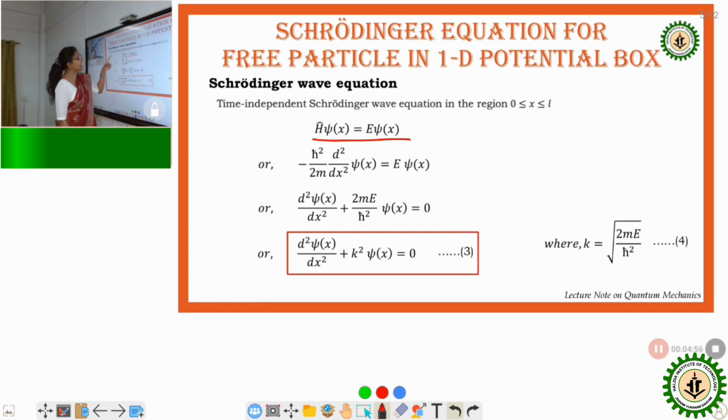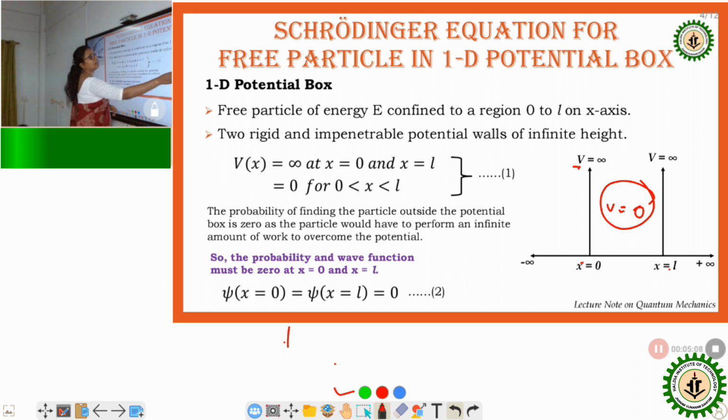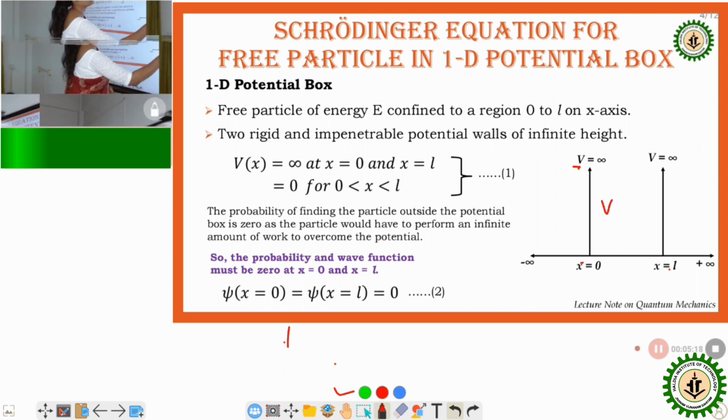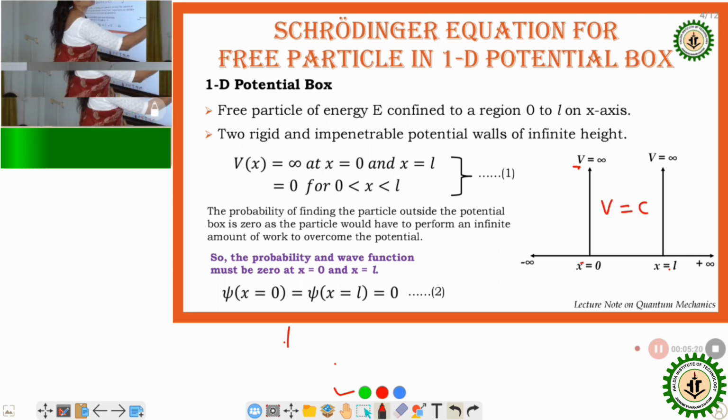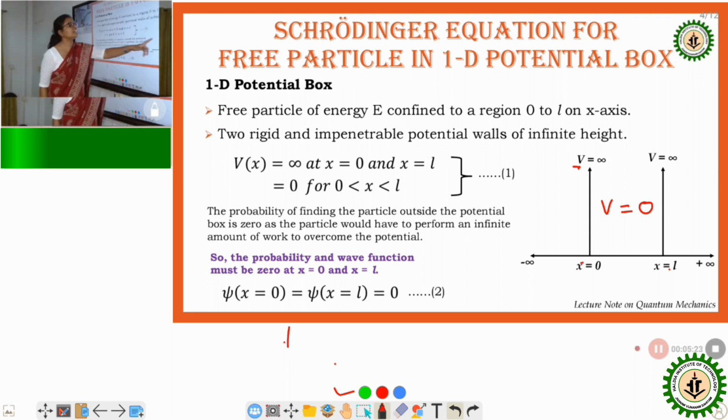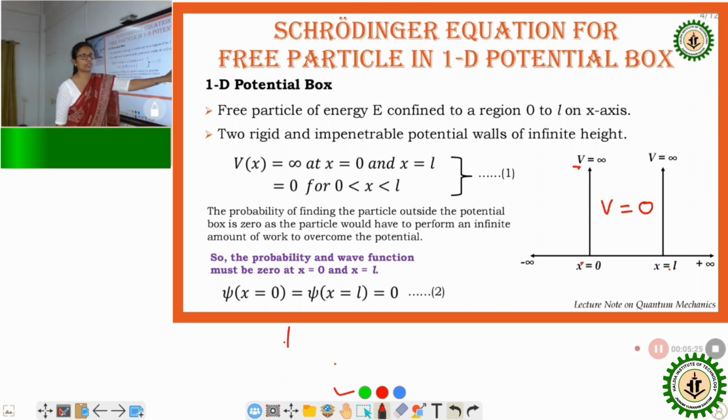Within that Hamiltonian, you must write the kinetic energy, because the potential energy is 0. Just see here, potential is equal to 0 within that well.